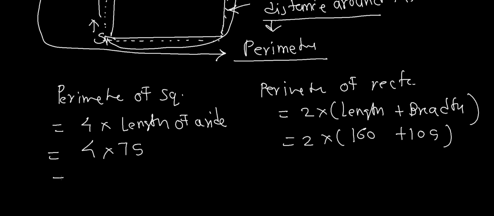So 4 into 75 comes to 300, and its unit is meters, and 2 into 265.